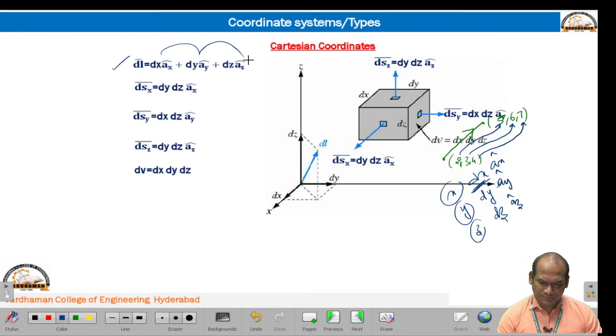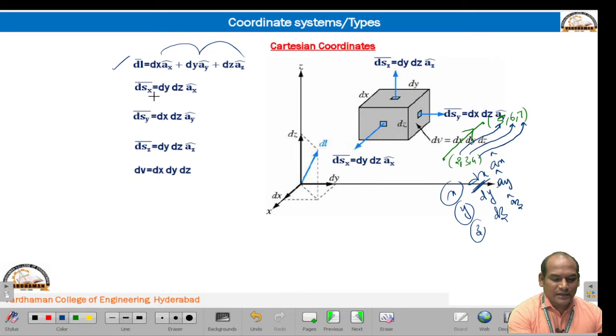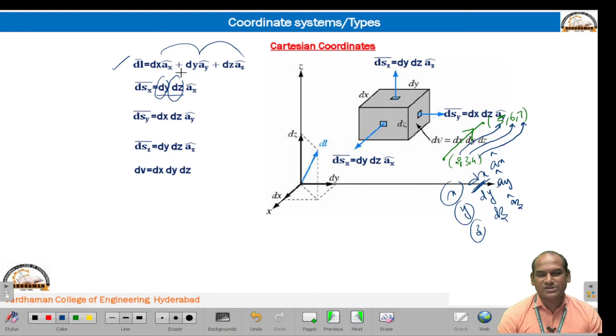For example, the first one I am explaining here, dy dz: there is a movement in the y direction and a movement in the z direction. So that particular surface has been created because of the change in y and the change in z. But what is the direction of this surface? Perpendicular to this one.